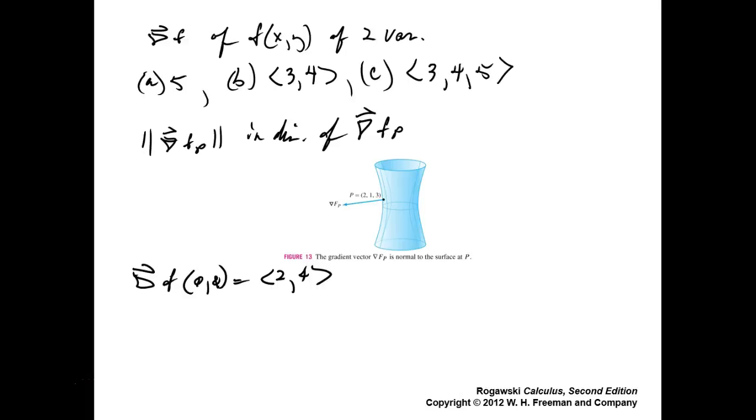Basically, it's that little formula that we had.